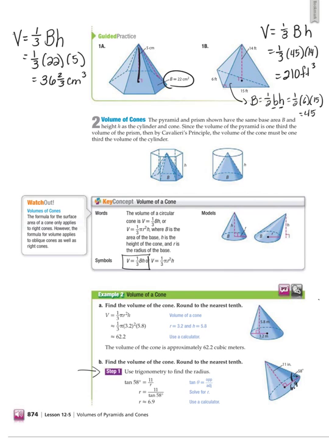Then I'm going to use that 6.9 as the radius of my circle, so that when I find my volume, and let the calculator carry the pi, my radius is 6.9 squared, and then I'll put in my height of 11. So using trigonometry, we were able to find the radius of our circle.